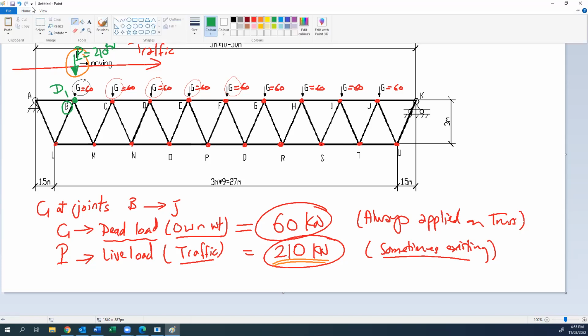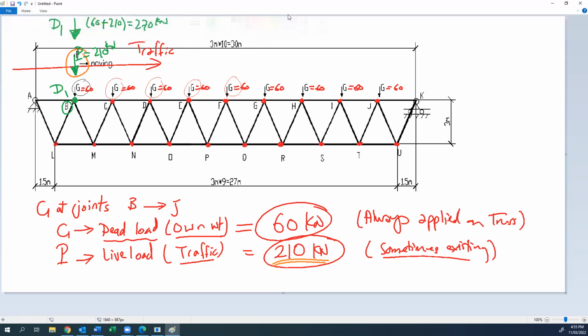This is for group D1. Group D2, the live load B will be at joint C, and the value of B is 210.